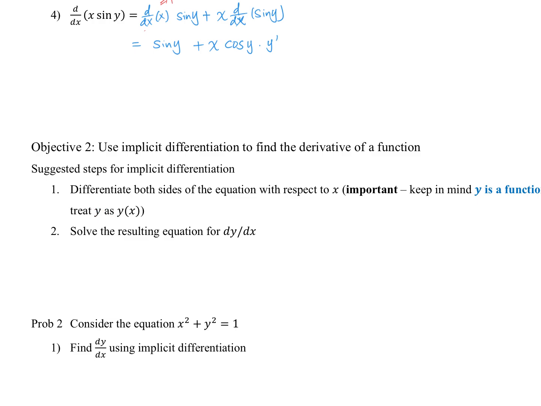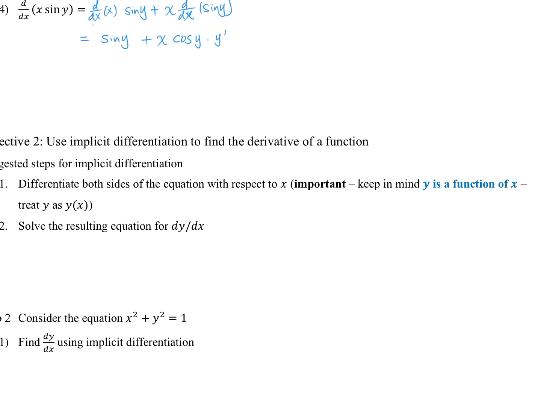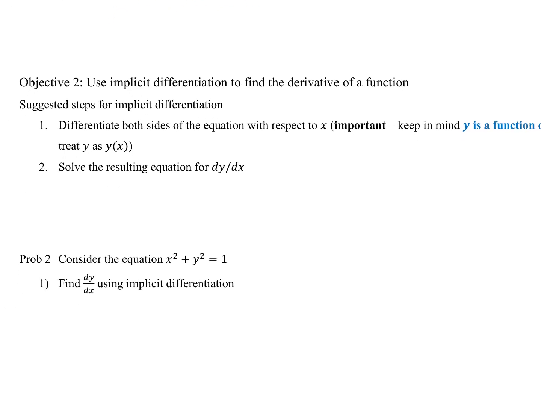So keep in mind, y is a function of x. And step 2, you solve the resulting equation after you differentiate both sides with respect to x. Solve the resulting equation for dy dx, which is the y prime. Then you get the derivative of y.